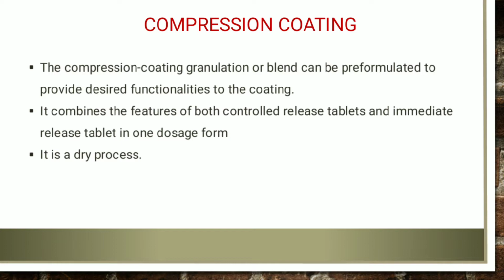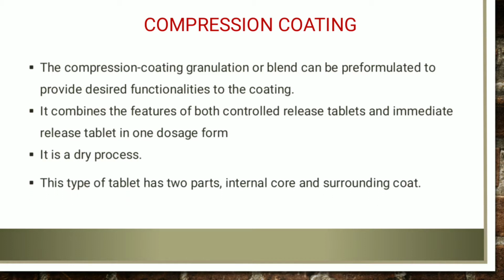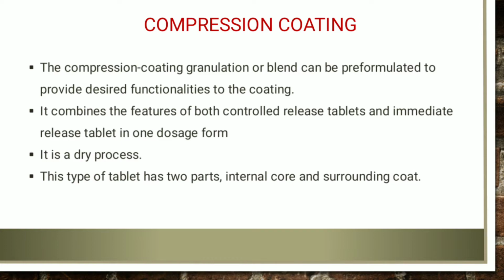This tablet involves the compaction of a granular material around a preformed tablet core, usually using specially designed tableting equipment. Compression coating is a dry process, and this type of tablet has two parts, the internal core and the surrounding coat. Now let's talk about the internal core.